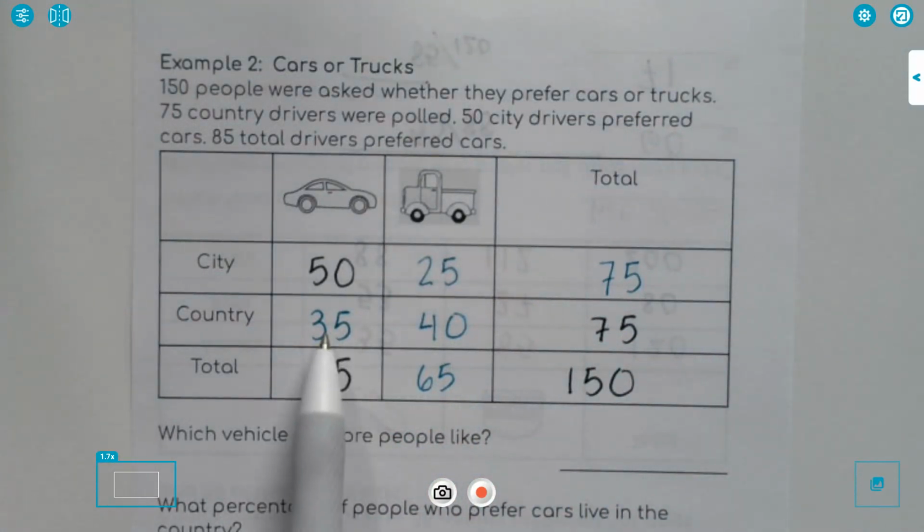And then we can check that by adding this across. 35 plus 40 is 75. Okay, any questions about that right now?